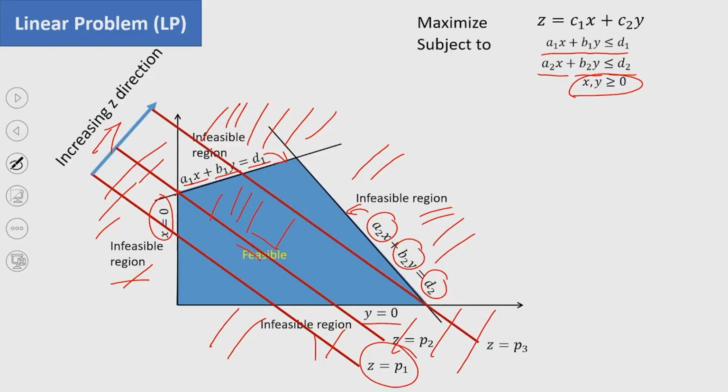Because our objective is to maximize the value of z, in this direction the z value is increasing, and finally I get a solution here. This is the best solution, because after that if I draw any line, it will be in the infeasible region. So, this is the maximum point, which will maximize this particular function.